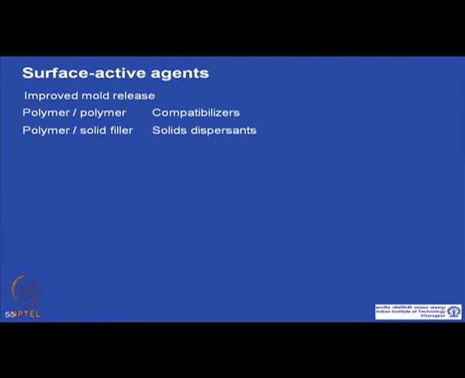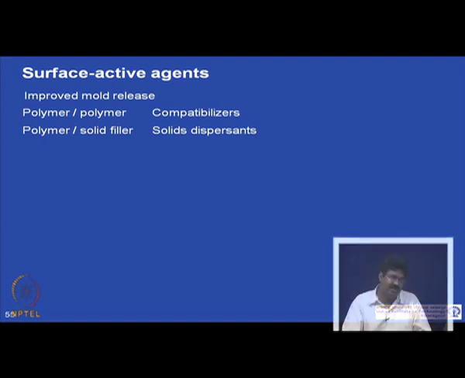Some other application works on other types of surfaces, like polymer mold surfaces, to improve the mold release property of the polymer material. Mold release agents are basically polymeric surface active agents which have a long hydrophobic tail.